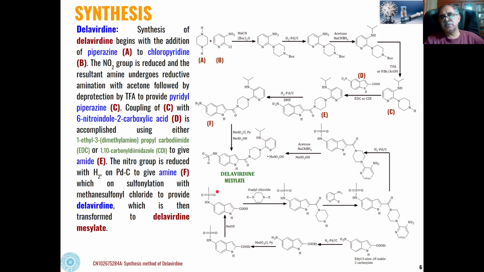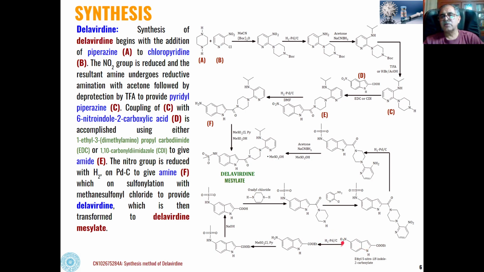Then another method for the synthesis of this delavirdine mesylate is we can start with the ester of this acid which we have used in the first method. So ethyl ester of this indole carboxylic acid is used as the starting material.